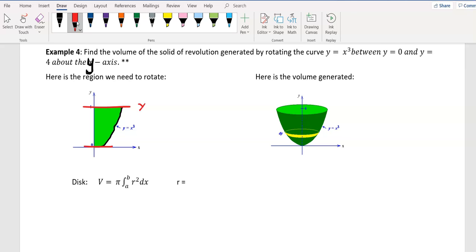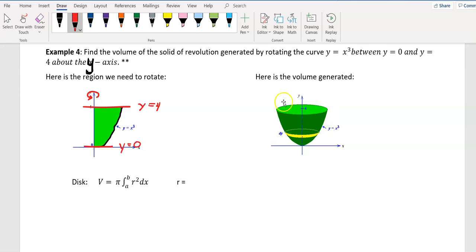So I'm just going to label y equals 4 and y equals 0 because I have a feeling I'm going to need that information. Okay, so we are rotating this around the y-axis, so our axis of revolution is definitely this vertical axis.